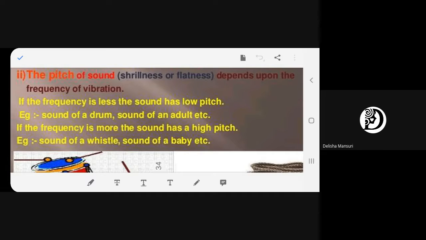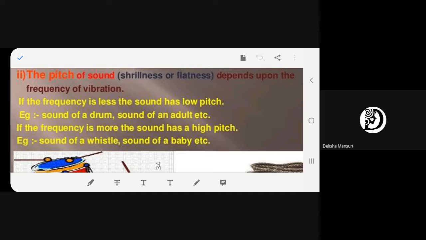If the frequency is less, the sound has low pitch. Example: sound of a drum, sound of an adult, etc. If the frequency is more, the sound has a high pitch. Example: sound of a whistle, sound of a baby, etc.